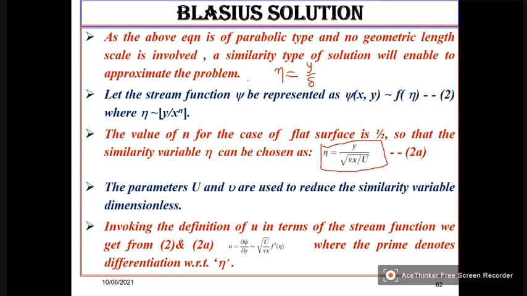So this eta is different from this eta. They are not same.